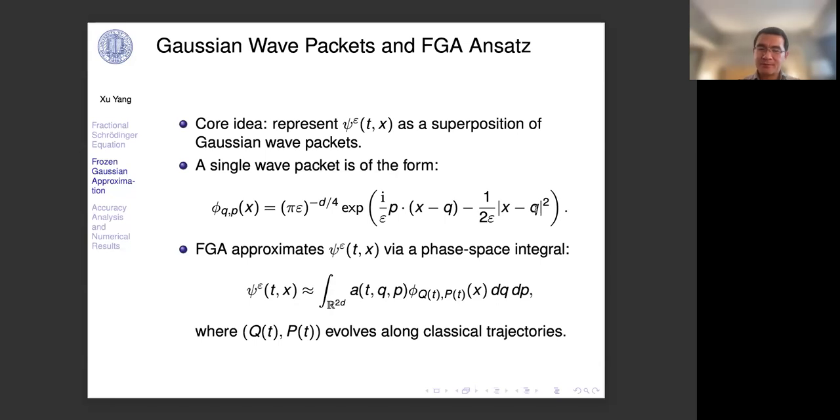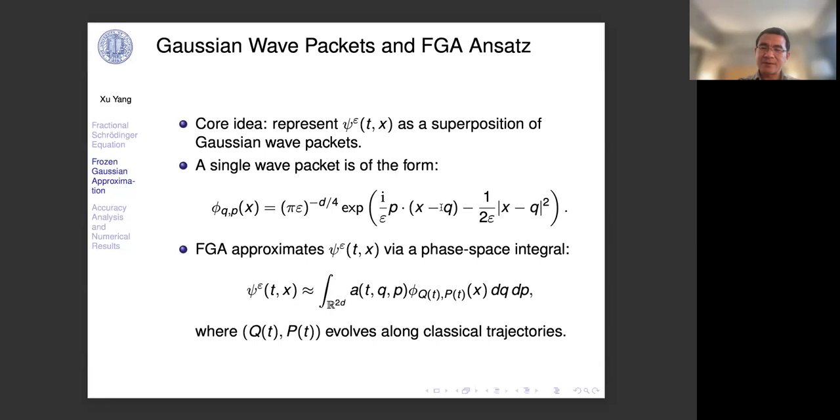When I say it decays very fast, it decays exponentially, kind of like a compact support. It does not have compact support because the exponential only goes to zero as x goes to infinity, but it decays very close to zero after 3 times the square root of epsilon, and it also has this complex phase.